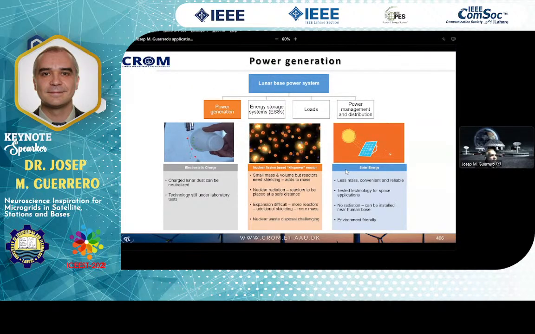How to supply the power generation system for this base can be electrostatic charge in the future, but it is still under study. But as you can imagine, some people start to propose nuclear fission with microreactors. I don't think it's a good idea. We have very bad experience here on Earth.